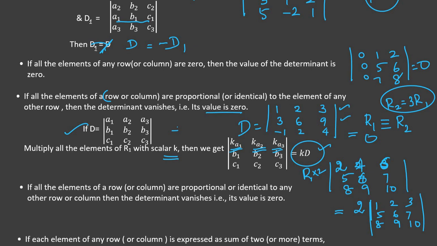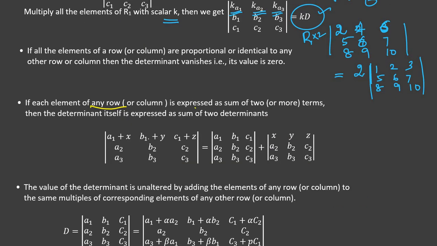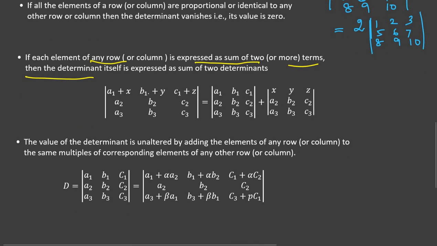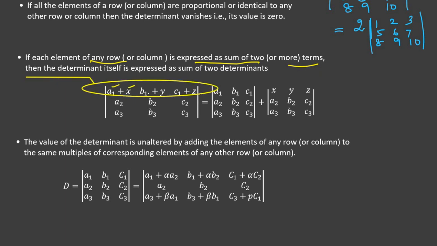If an element is expressed as a sum of two terms, then the determinant itself is expressed as a sum of two determinants. For example, in the given determinant, in the first row all the elements are sums of two terms, a1 plus x, b1 plus y, c1 plus z. So it is expressed: the first determinant with a1, a2, a3 as the first column, b1, b2, b3 as the second column, and c1, c2, c3 as the third column.